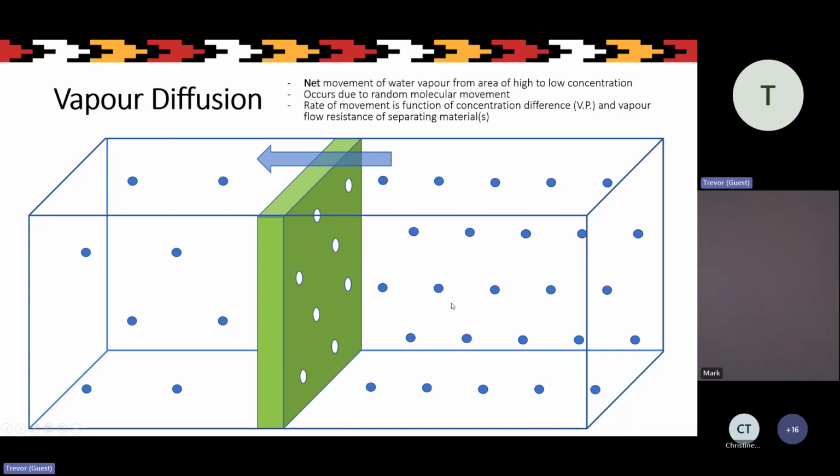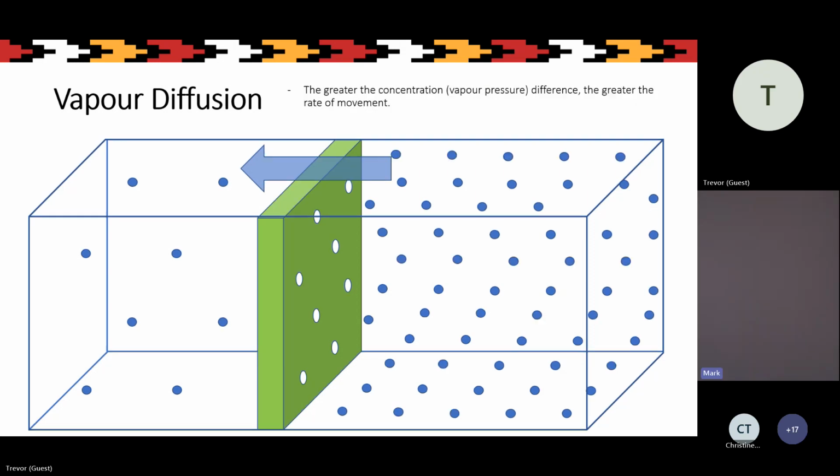The rate of movement from one side to the other across a material is a function of two things: the concentration difference, which we're going to call the vapor pressure difference. We'll talk a lot about that. And the vapor flow resistance of the material that's separating the two of them. So those are the two main things that affect how quickly vapor can move across a building material.